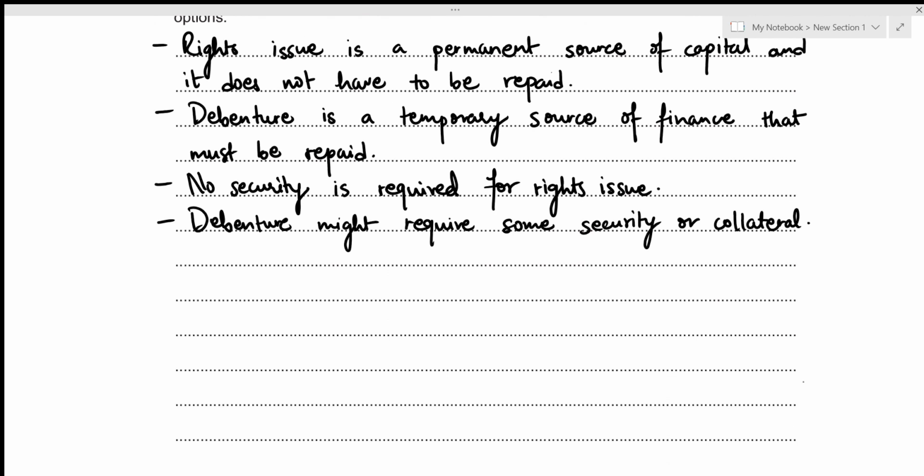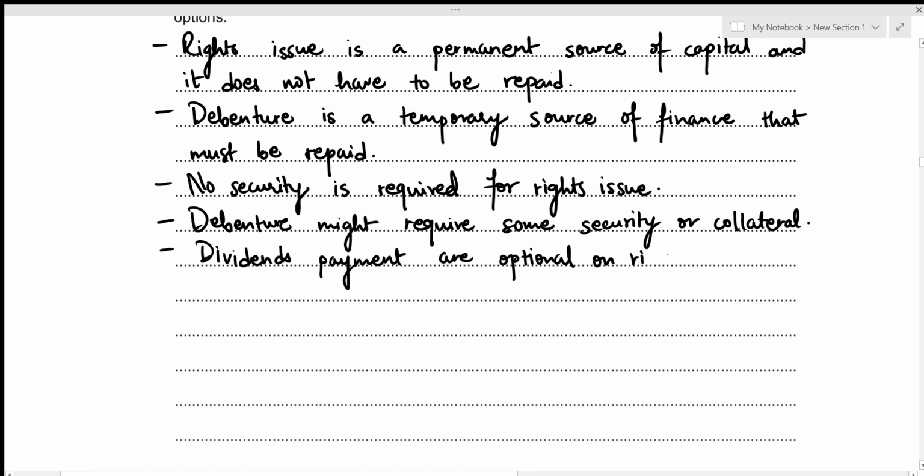Then we know that for rights shares, the dividends payment are optional because dividend is a part of the profit, and if the company is going through a loss, then no dividends have to be paid to the right shareholders. Let's write it down. Dividends payment are optional on right shares.